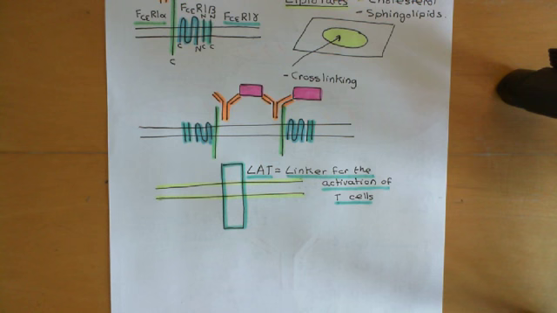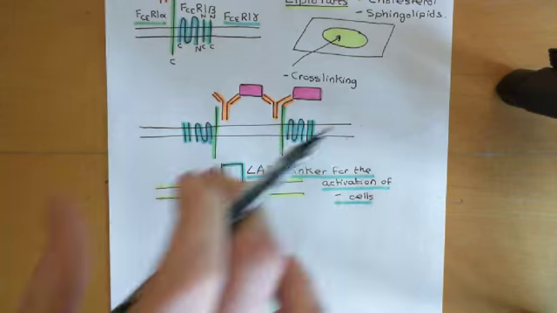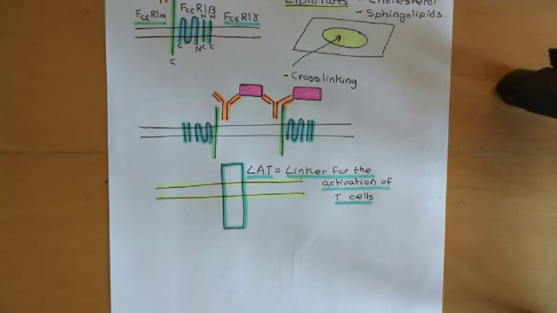So this linker for the activation of T cells protein is present within these special portions of the plasma membrane called lipid rafts. That's why the Fc epsilon R1s, once they're cross-linked, need to relocate to these lipid rafts so that they can actually have an effect on these linker for the activation of T cell proteins.